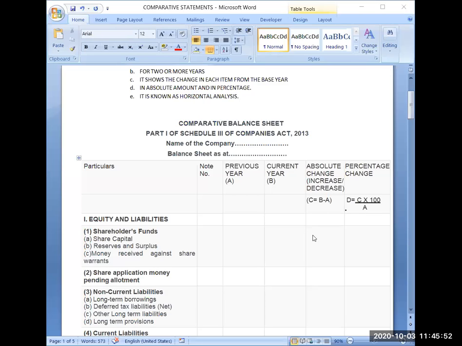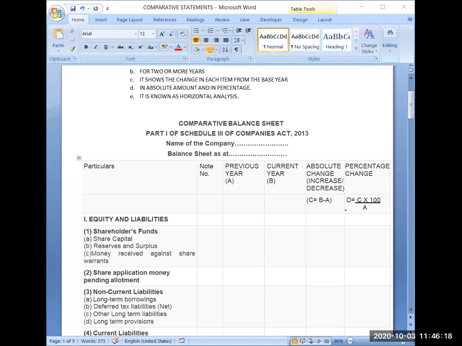For example, take share capital. Suppose my share capital last year was 1 lakh rupees, now it is 2 lakh rupees. So the absolute change will be 1 lakh rupees. My capital has increased by 1 lakh rupees. And if I calculate in percentage terms, I will find that my capital has increased by 100%.